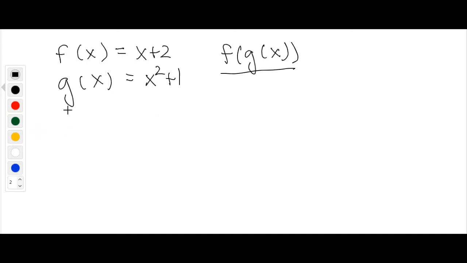What I would recommend when you get a function like this is to put everything in terms of this function for now and not substitute in the x. If you're given f of g of x, basically they're asking you to put g of x inside f of x. So it should look something like this. That means they're telling you to do this.